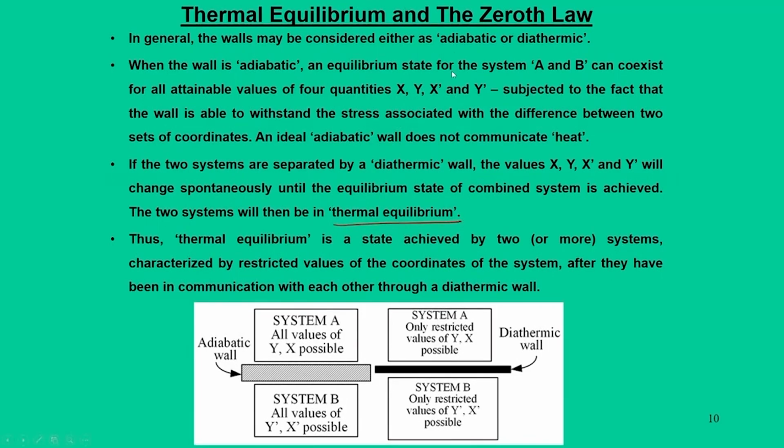Since we have used the words adiabatic and diathermic, and the change in the system happens through heat transfer, the word thermal equilibrium fits this philosophy. We can define thermal equilibrium as a state achieved by two or more systems, characterized by restricted values of the coordinates of the systems after they have been in communication with each other through a diathermic wall.